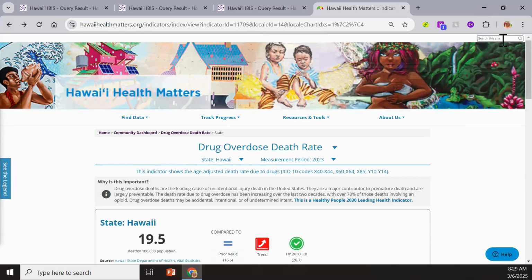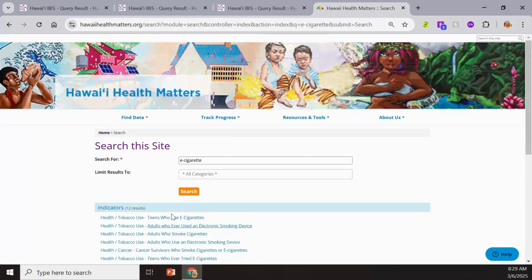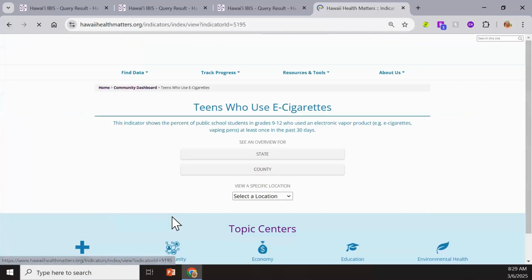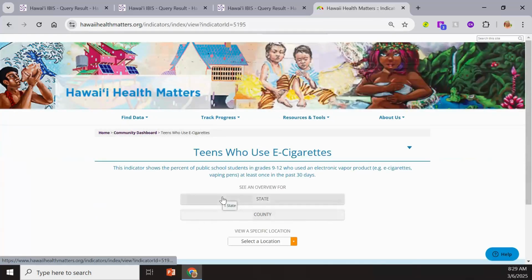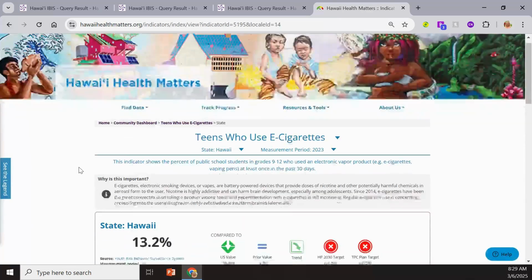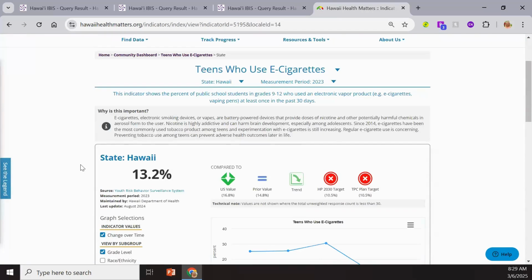Okay, so let's take a look at one last thing here on Hawaii Health Matters. Let's take a look at teens who use e-cigarettes. So I mentioned before that when there's an indicator on Hawaii Health Matters that gets its data from one of the data sources in HHDW, the data source here will be linked directly to HHDW and will take you to this specific indicator.